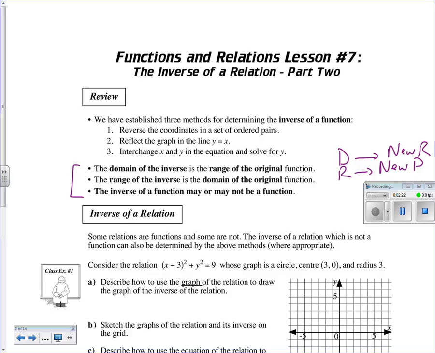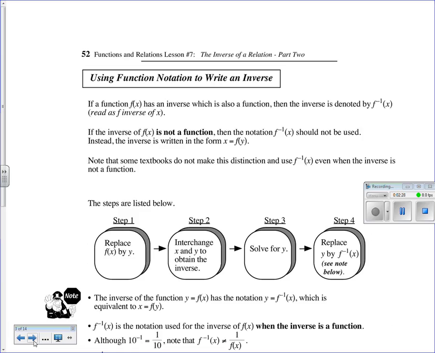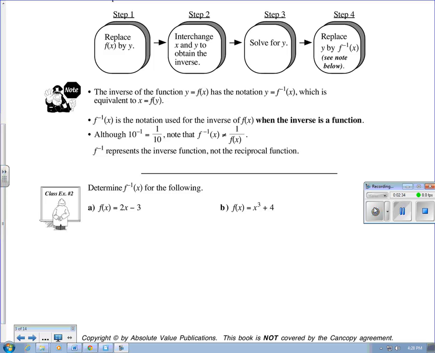We're actually going to go all the way to class example number 2 and focus on the B selection. Kind of follow the series of steps that's indicated for finding inverses. We saw that in the lesson associated with 6, but now it's made more explicit.